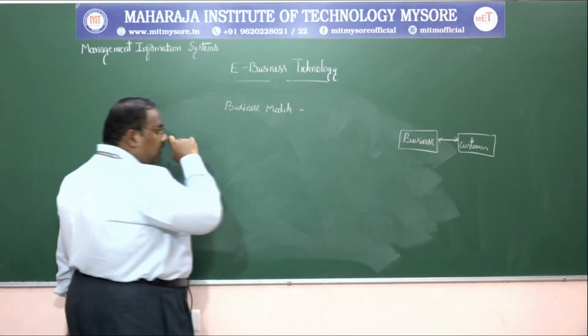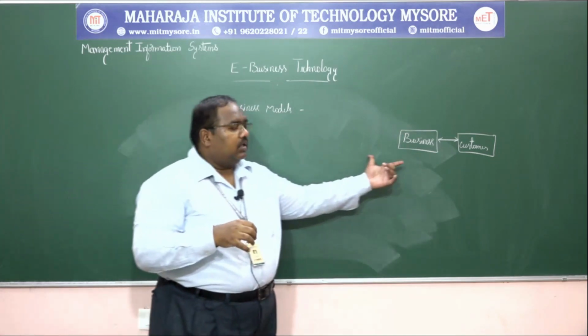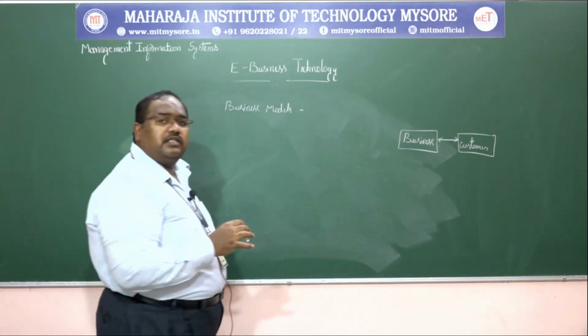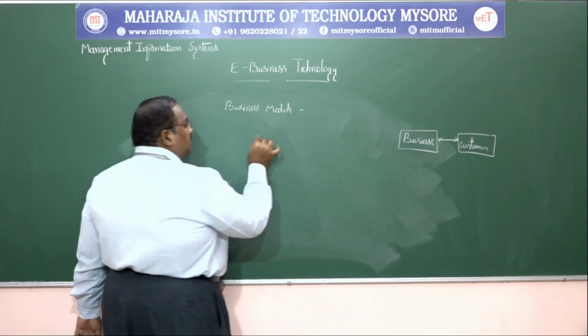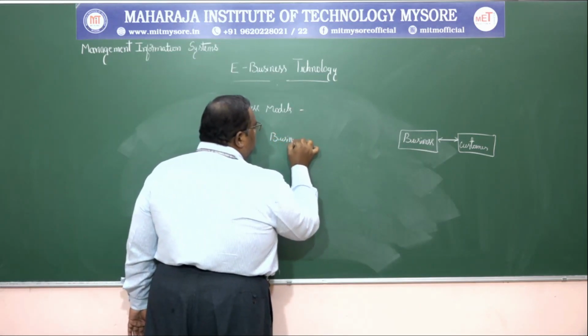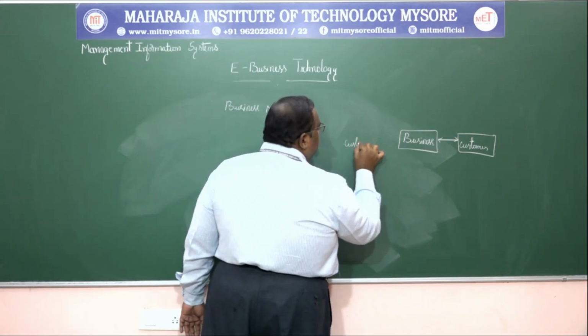Business models. Now I told you there are two entities that are involved in the business. So how do we derive those models? Let us use a representation. One is the business, and the second one is the customer.